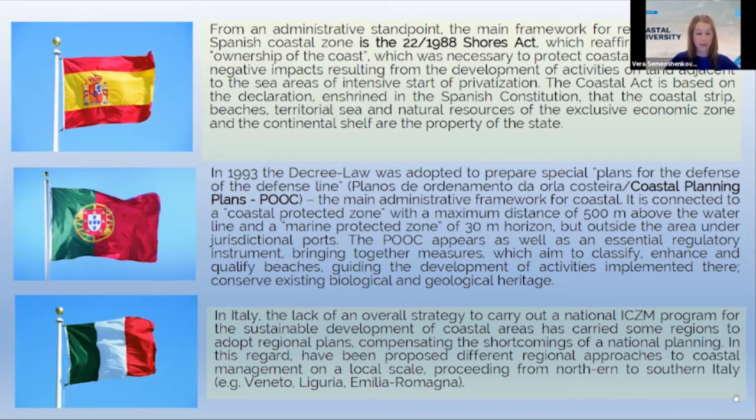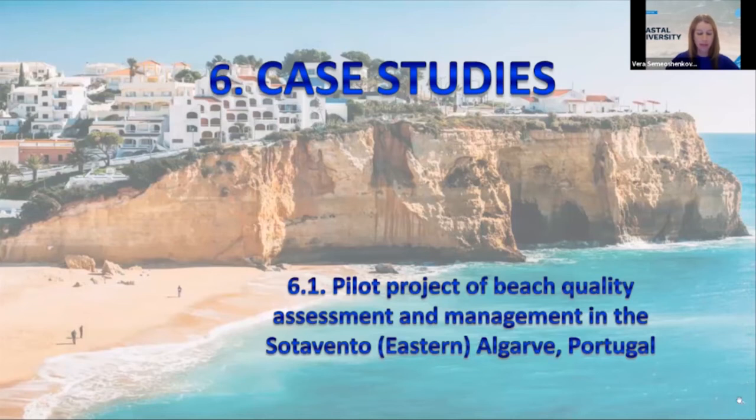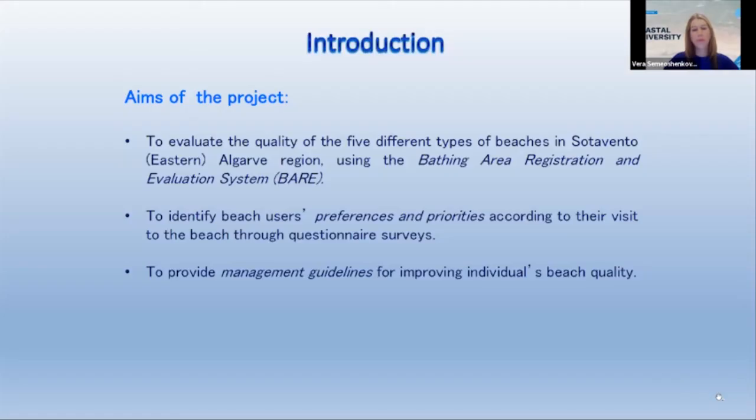Now, I would like to share with you a few case studies on beach quality management. There is a need to describe the quality of beaches because their crowdedness and the stronger interest in coastal areas can lead to overuse and the reduction of water quality and reduce the social and economic values of the region in general.